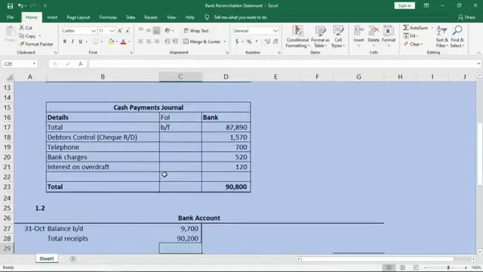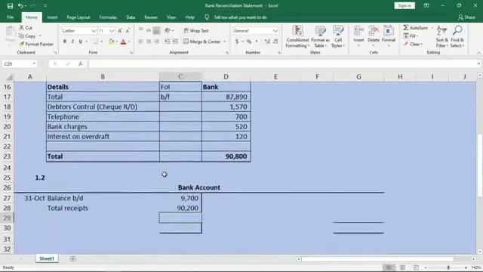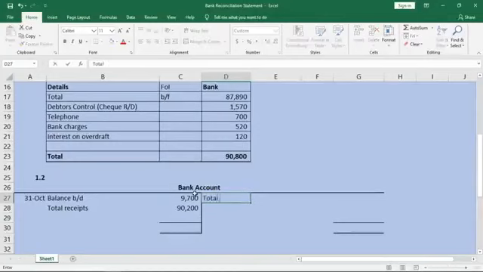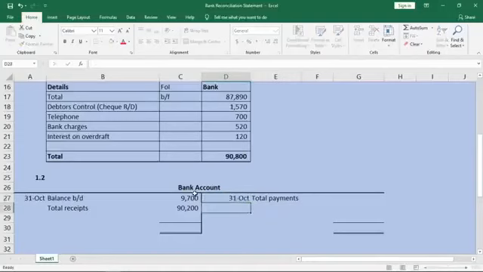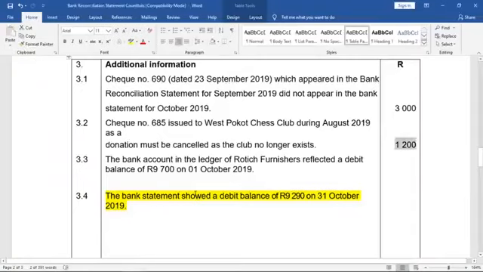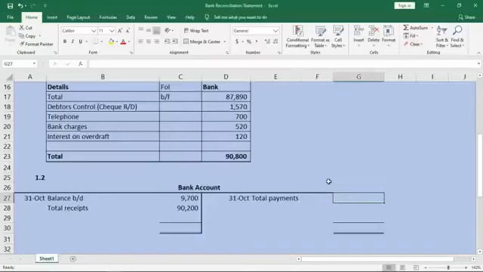And then what else do you do? We put here the cash payments journal. So we put the total payments, and I forgot to put the date first, so I put 31 October. And then what do we put there? 90,800. Remember, cash payments journal is money leaving our bank, and we credit money when it leaves our bank.